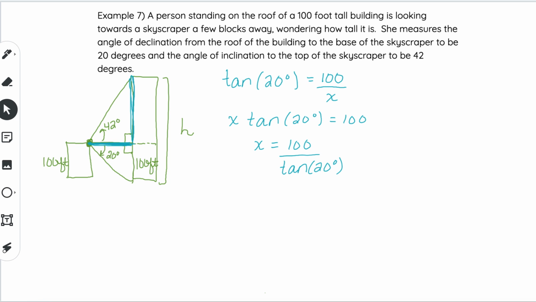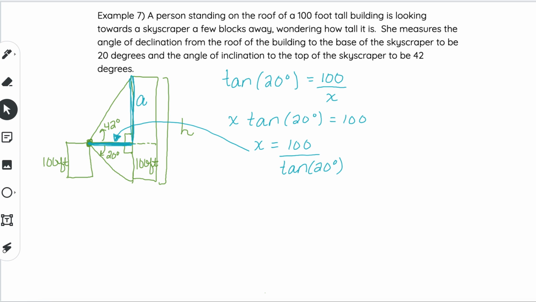So this entire x value represents the adjacent side of 42 degrees. Now that we know the adjacent side, we can find this other opposite side using tangent again.